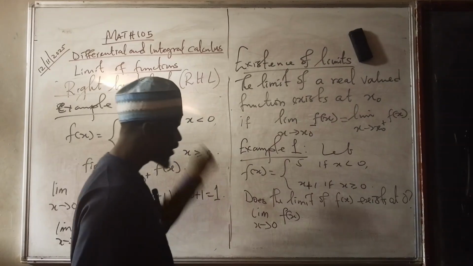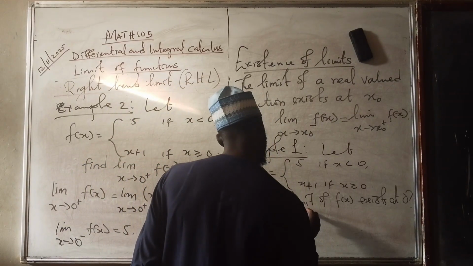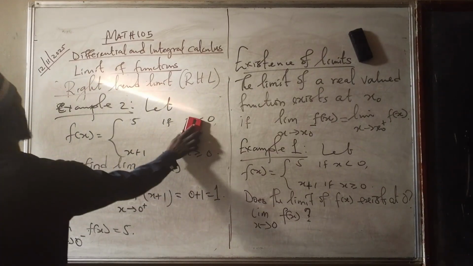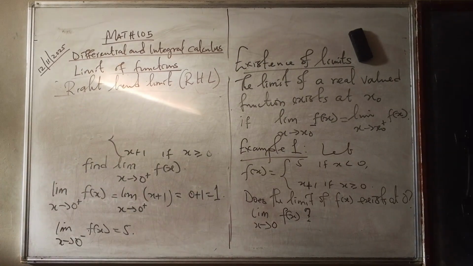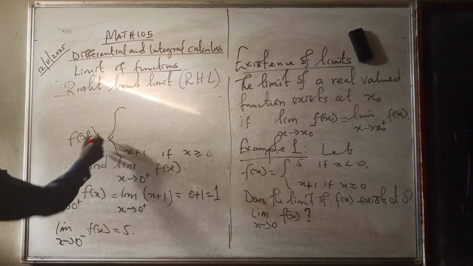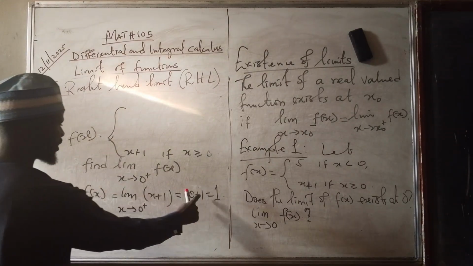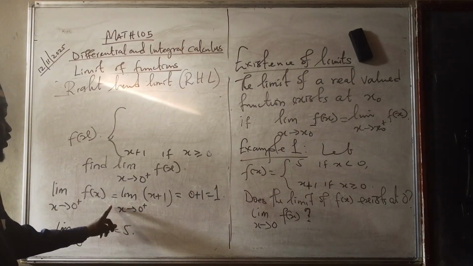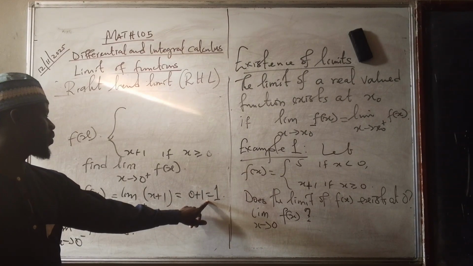So what is the limit now? Does it exist? I don't have to clean, just write f of x. You look at it: the limit to the left is equal to 5, and the limit to the right is equal to 1.